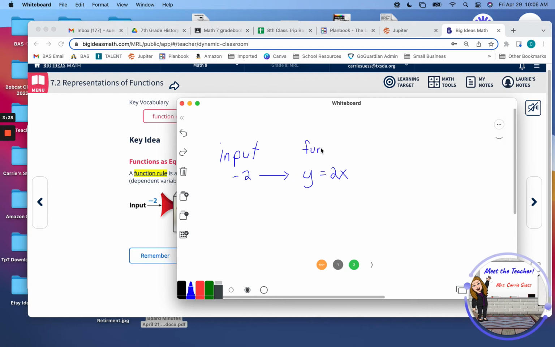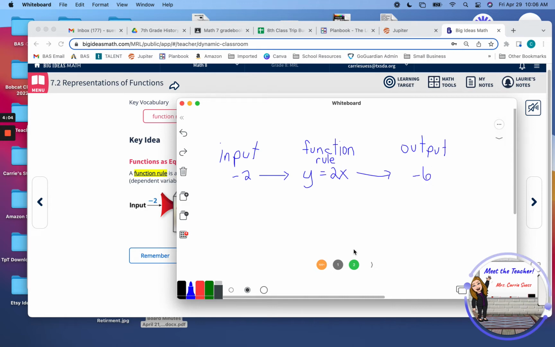So I would write function rule here. Function rule. Okay, and then an arrow. Then I got my output, which is negative 6.